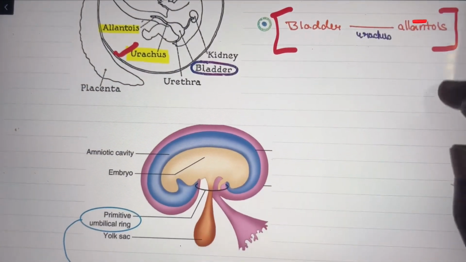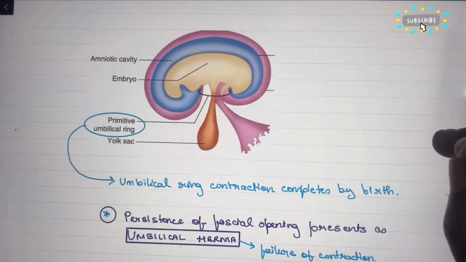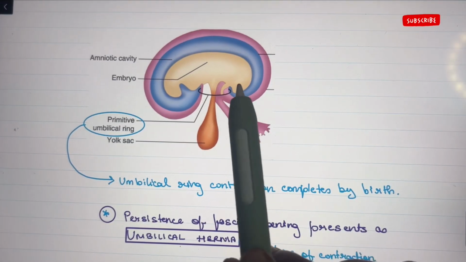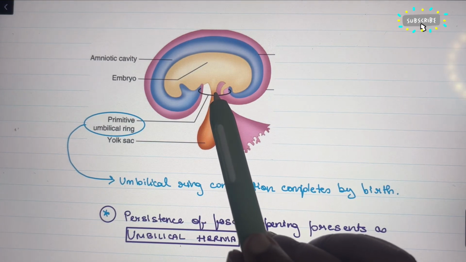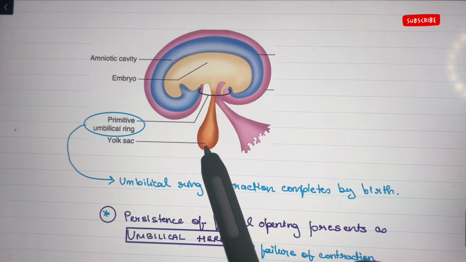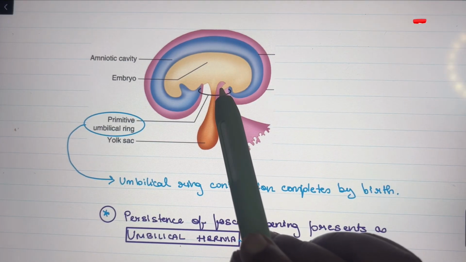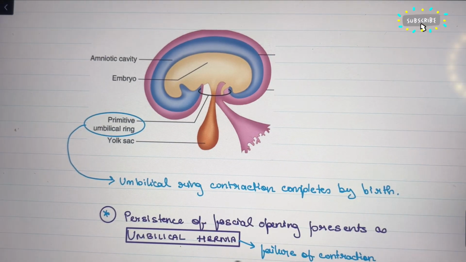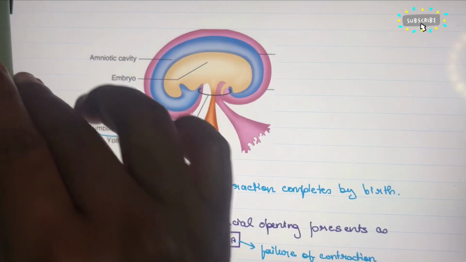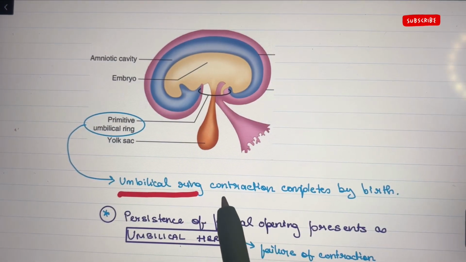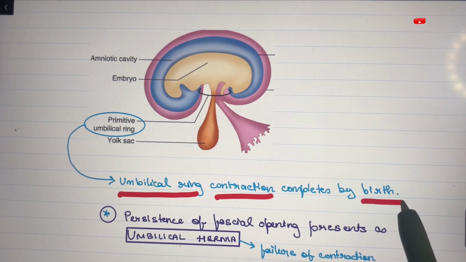Now another thing which is important, here the yolk sac, which was herniating in 6th week, goes back in 10th week, and as the gestational age increases, this umbilical ring contraction completes by birth.